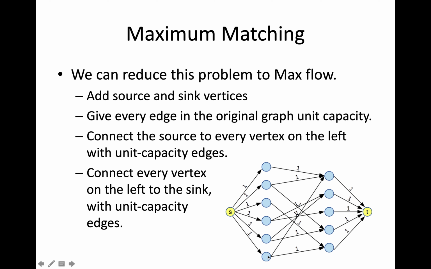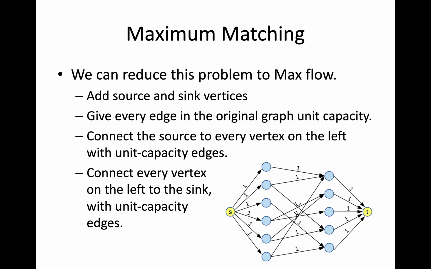The same thing happens over here. In a maximum flow, I can't have this vertex sending a unit of commodity across this edge and also across another edge, because it only has one unit of commodity coming in, so the best it can do is send that unit of commodity to one other vertex on this side.